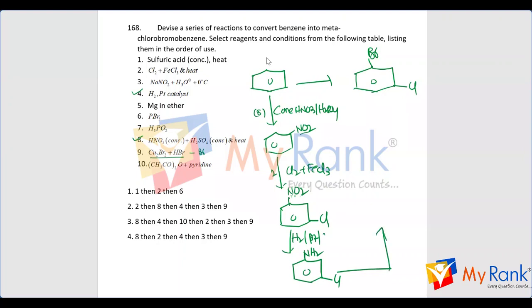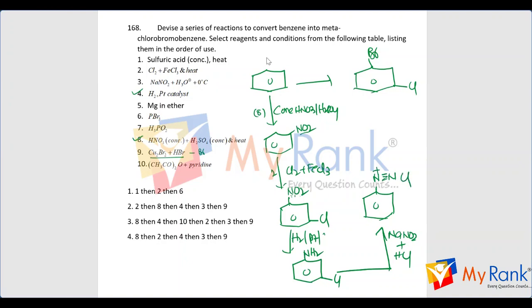Next, diazotization with NaNO2 plus HCl gives the diazonium ion. Then what do you get here? N triple bond N plus Cl minus, the diazonium ion is formed.